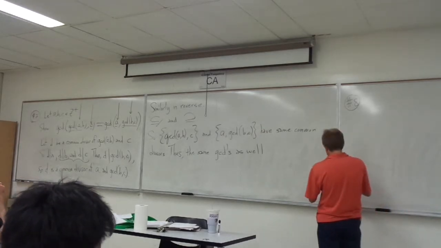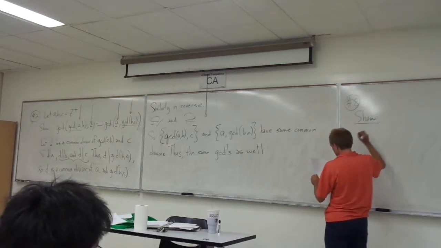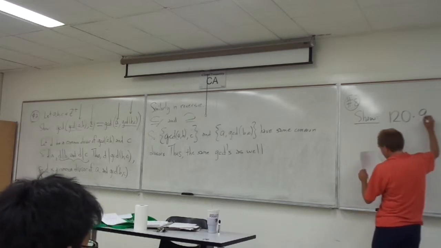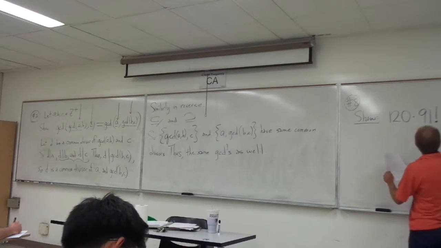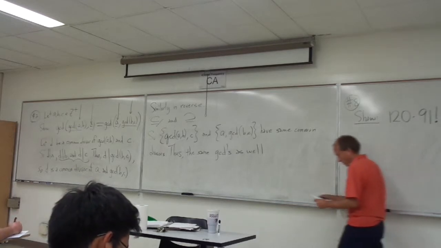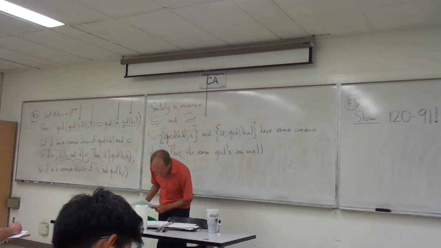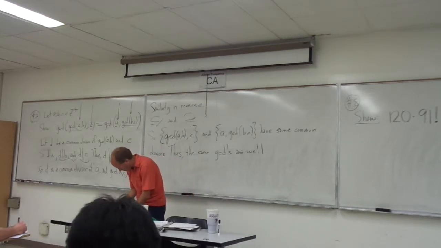But anyway, so here we go. Let's show that 120 times 91 factorial is congruent to 1 mod 97. Okay, see if we can crank this one out.